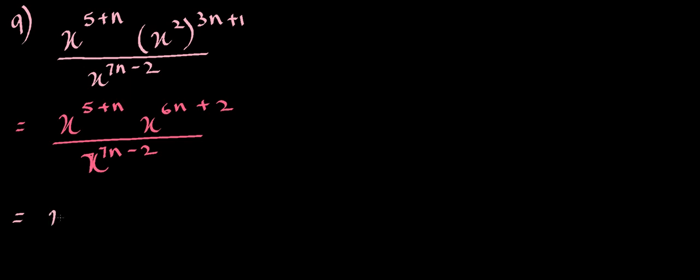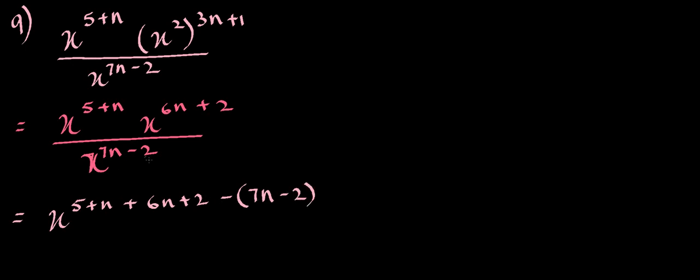We are going to say x raised to 5 plus n plus, we will add this term 6n plus 2, and since this is in the denominator, we will subtract its term. For the safer side, write it into a bracket.